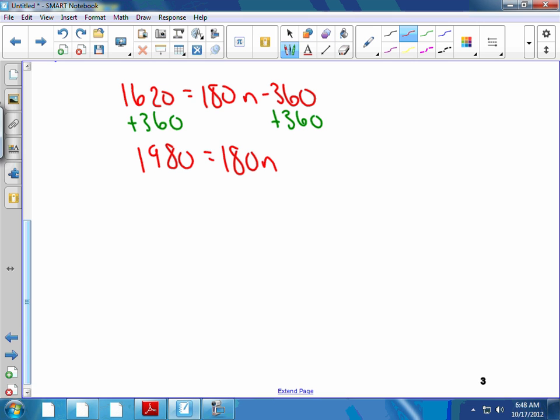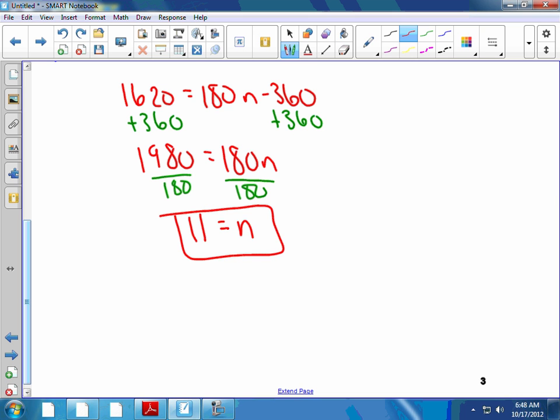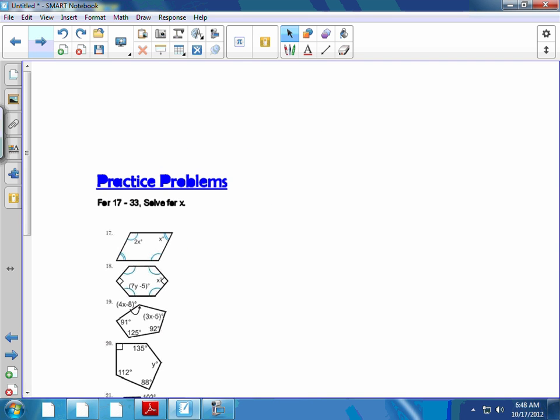So we get n equals 11. So an 11-sided figure has an interior angle sum of 1,620. All right, and that's it for today.